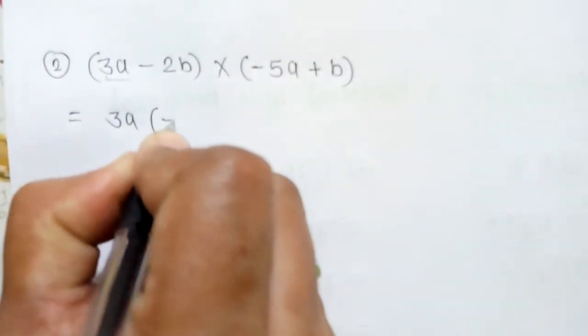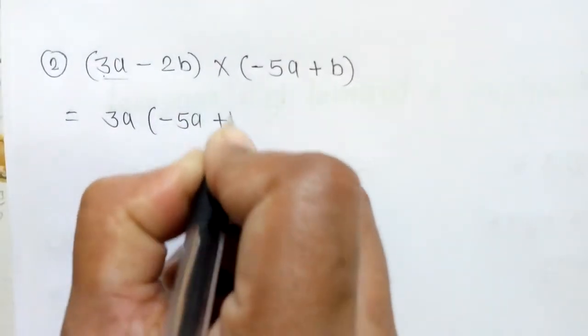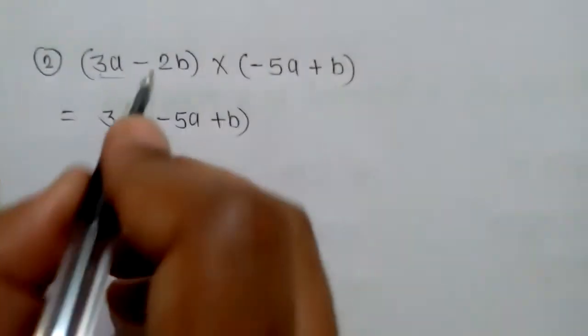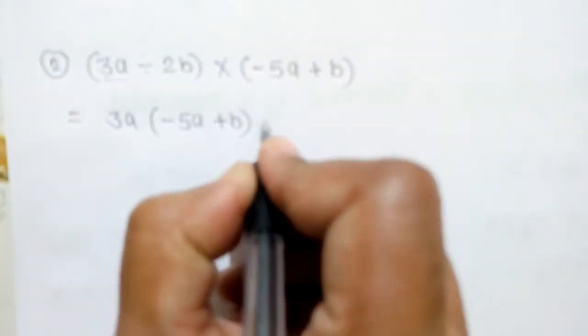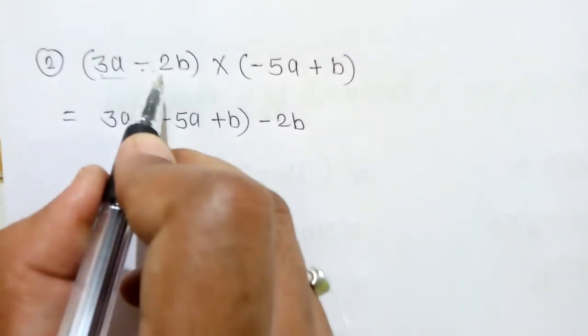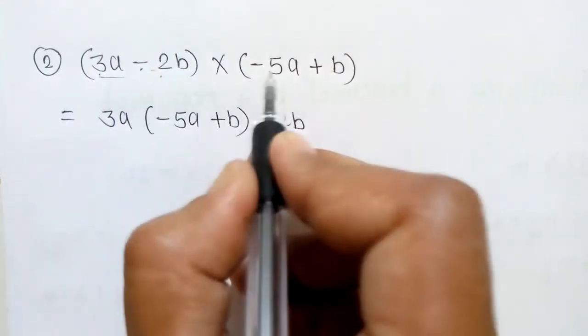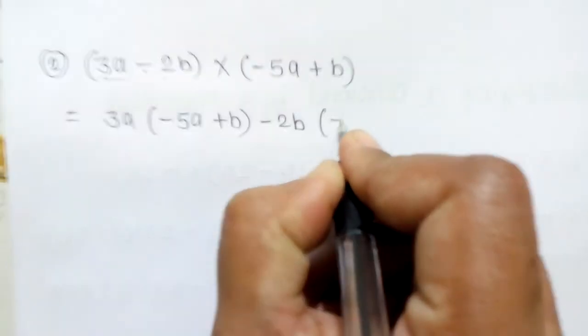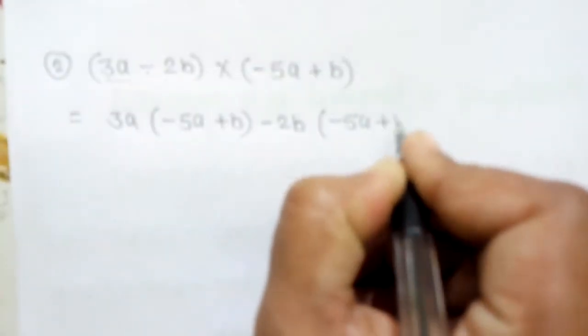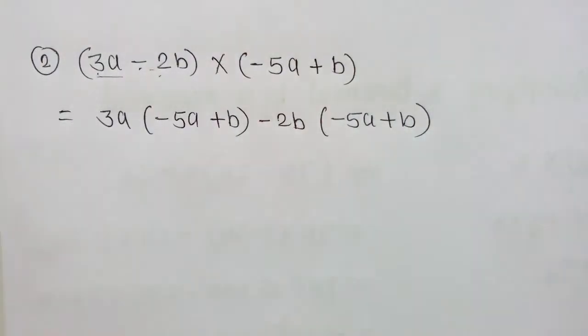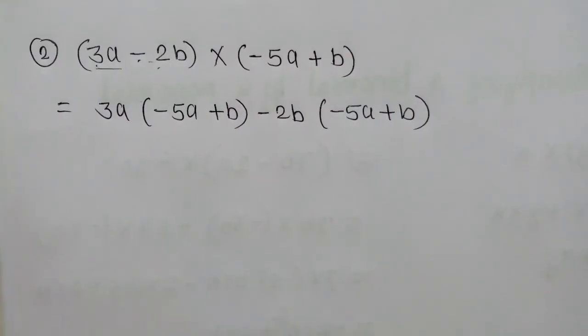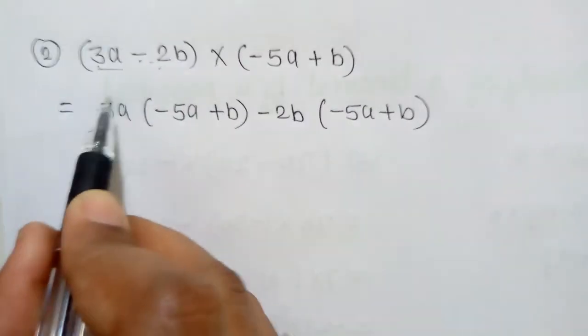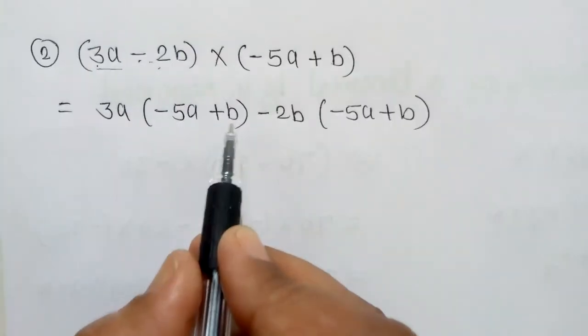So it will be negative 5a plus b. Okay. Now this second term it will be negative 2b, and again we have to multiply this negative 2b to this second expression. So it will be negative 5a plus b. Okay. Simple.